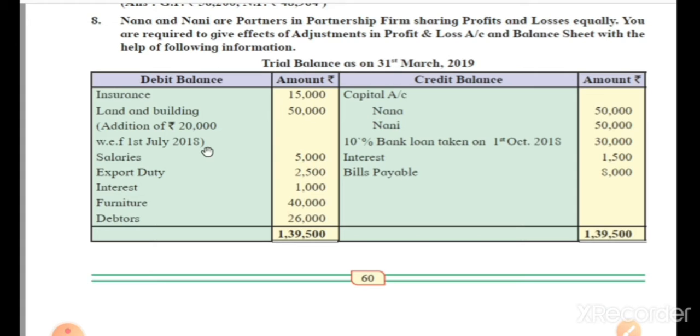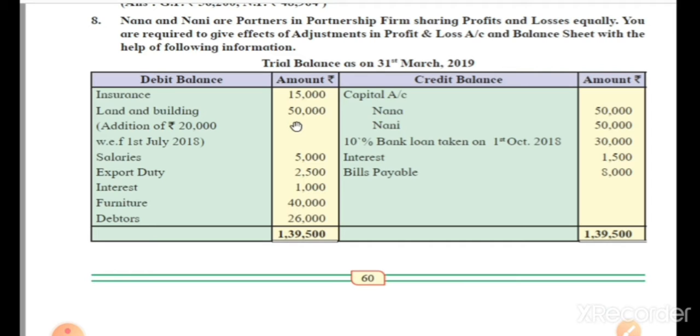It means that 20,000 amount of land and building is used in this financial year from 1st July to 31st March, total 9 months, and the remaining land and building, that is 50,000 minus 20,000, so remaining 30,000 land and building is used in the full financial year.